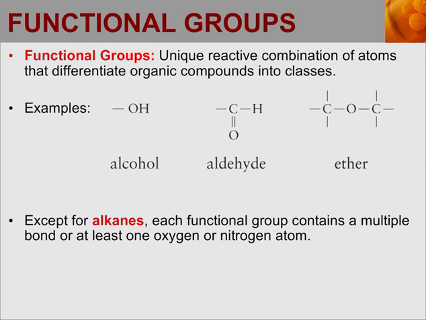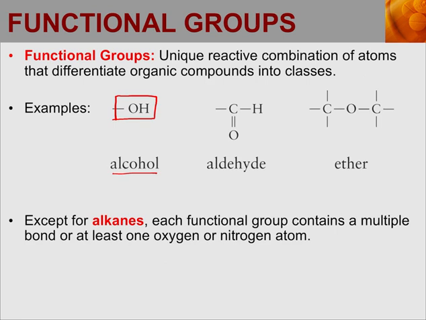Just some examples. You might have heard of alcohol before. Well, there's a whole class of compounds that have this OH group attached to a carbon chain, for example. And if you see that OH group, you can say, oh, it's an alcohol.